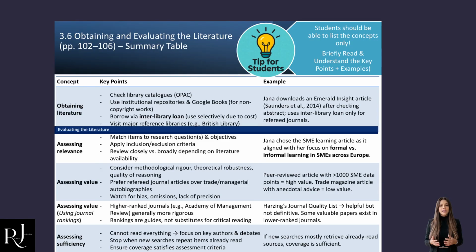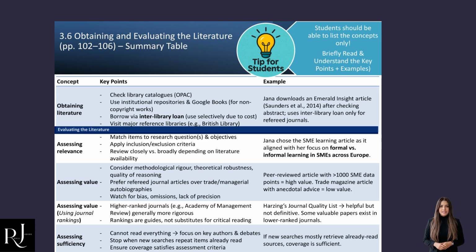When obtaining and evaluating literature, focus on 5 key concepts. First, use library catalogs and interlibrary loans to obtain sources. Second, assess relevance by matching items to your research questions. Third, assess value by considering methodological rigor and preferring refereed journals over trade magazines.